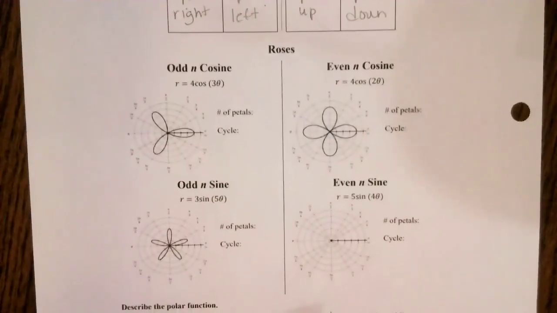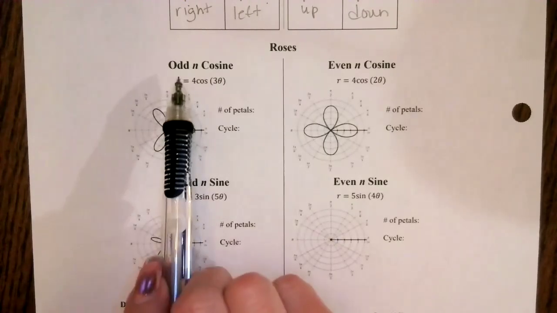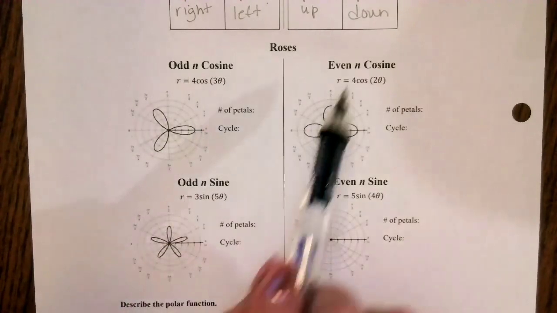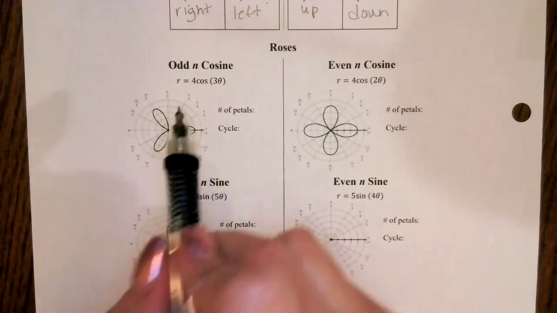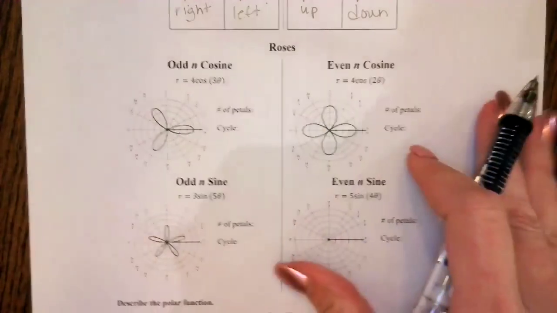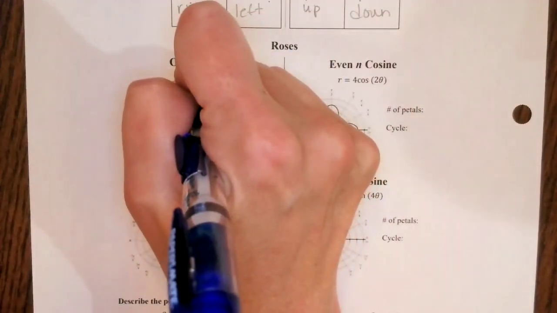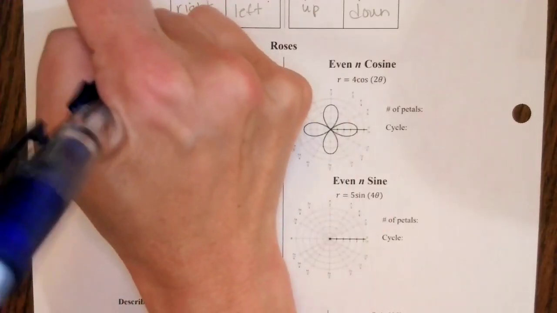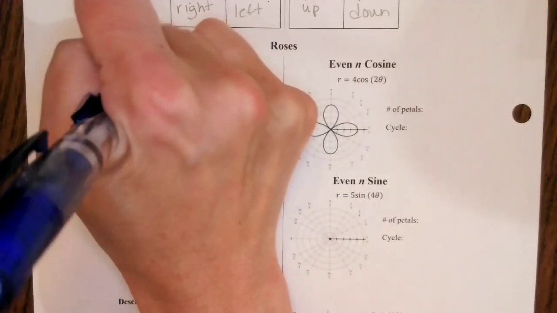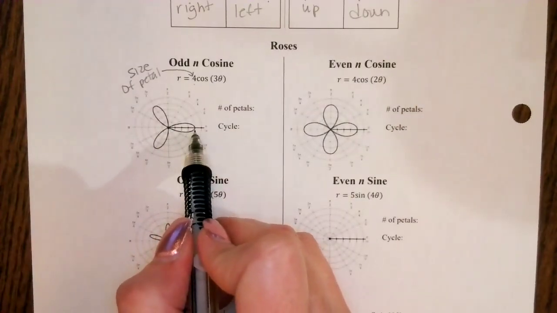All right, the next one we'll talk about is the roses. And so we said the roses can come in odd or even, in cosine, or odd or even in sine. So when we look at this equation here, the number right here, 4, is the size of the petal. And so we know it is 1, 2, 3, 4 units.